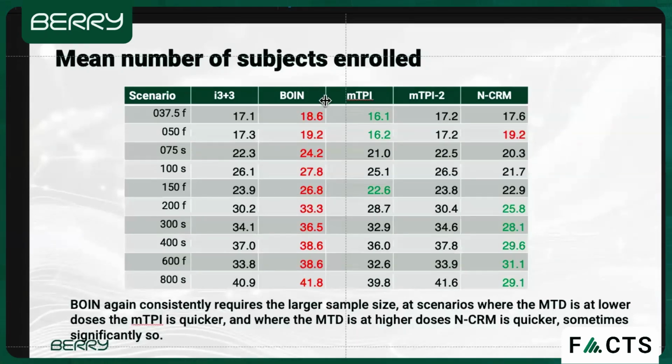Once again, the BOIN is requiring a slightly larger sample size, perhaps 2 subjects now, so an extra cohort 2/3 of the time. And the NCRM, particularly where the target MTD is higher up the dose range, is doing considerably better than the others because it's been allowed to skip doses on the way up.